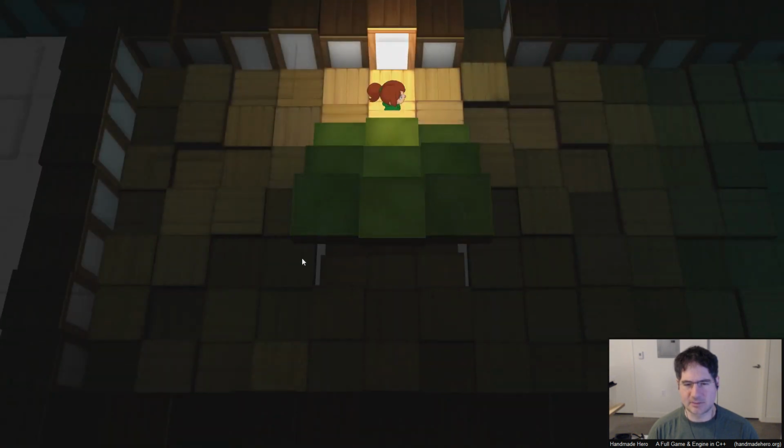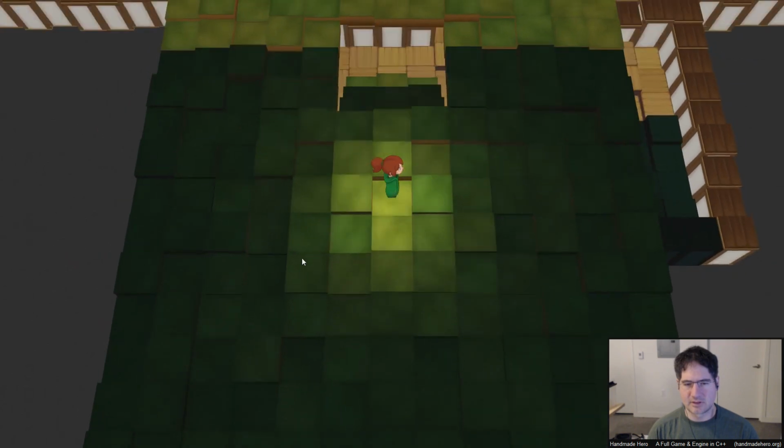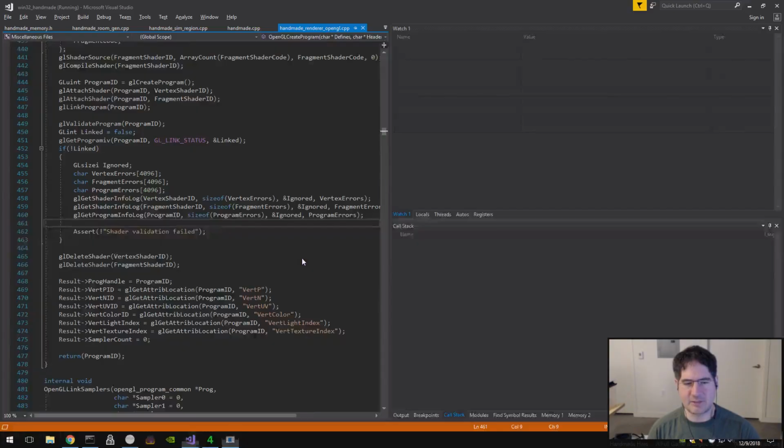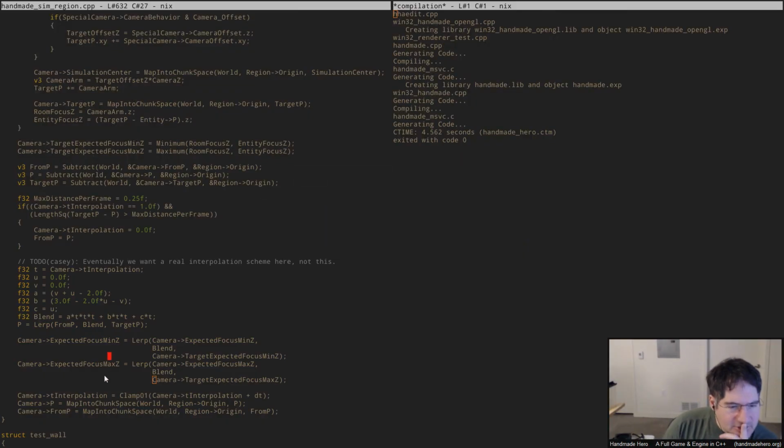We definitely get some hiccups on the blend, I think. Yeah, like that was an actual positional hiccup. So how are we getting a positional hiccup there? What's going on? We do map everything back in, right? The from P and target P is always mapped, just period, right?